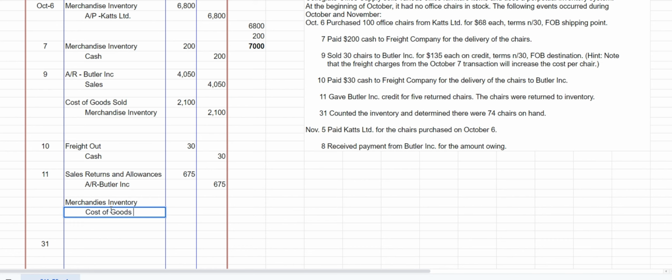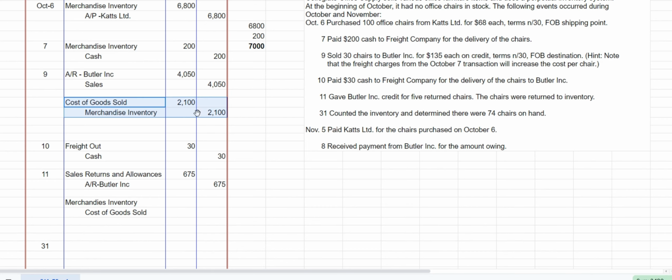Notice how this is the complete opposite of when you're selling it. On October 9th, you debit cost of goods sold and you credit merchandise inventory. But on October 11th, when you're getting the chairs back, you do the opposite. So merchandise inventory is debited and cost of goods sold is credited.